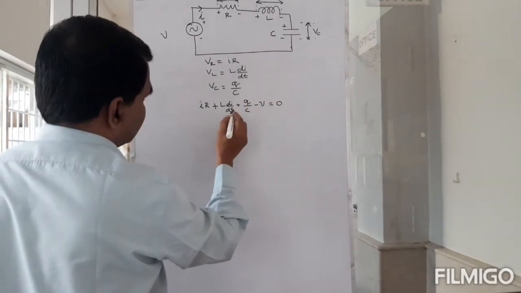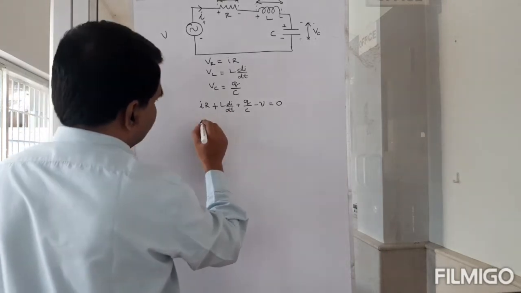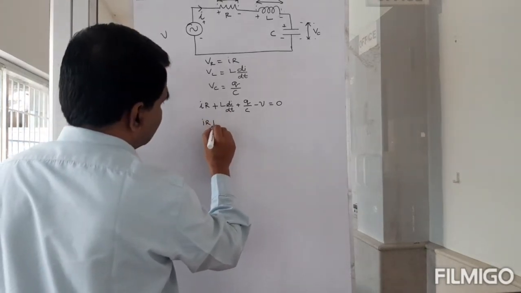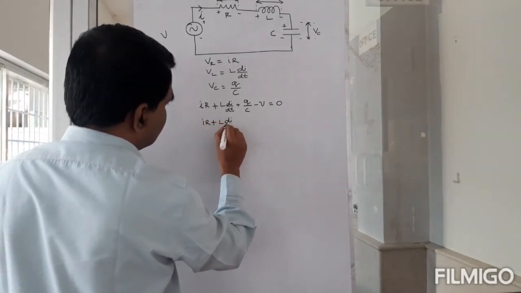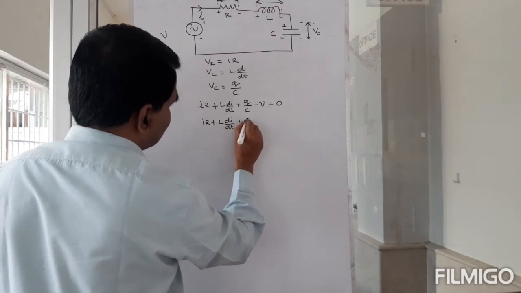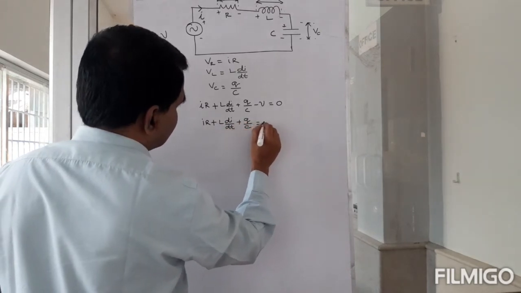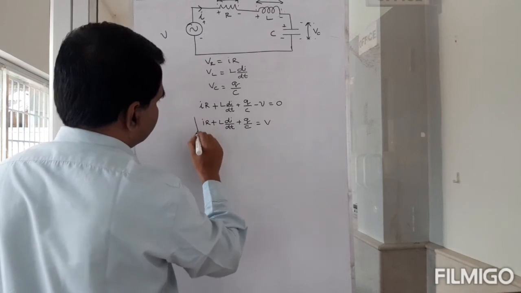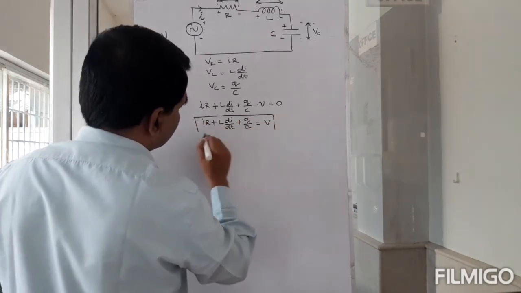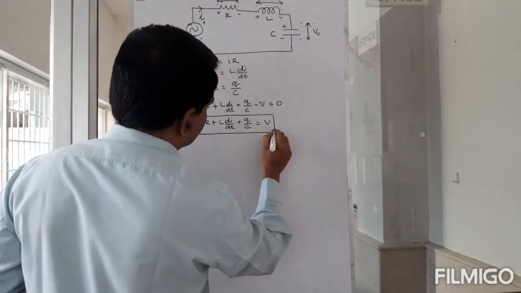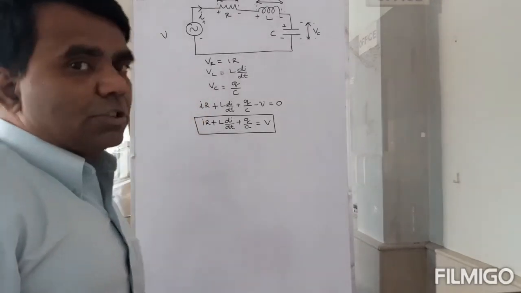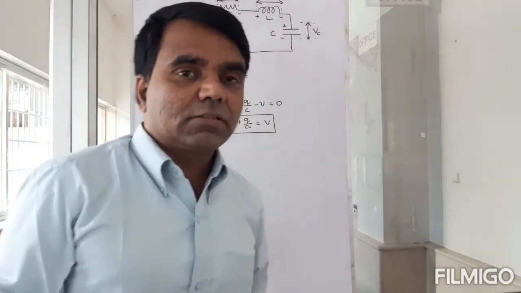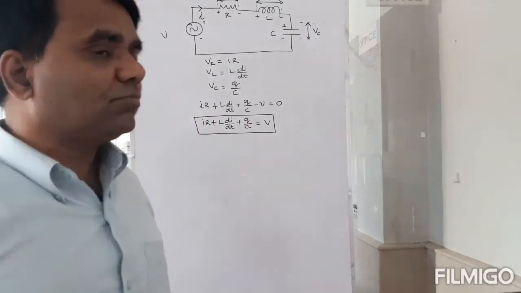So I will have IR plus L di by dt plus Q by C is equal to V.